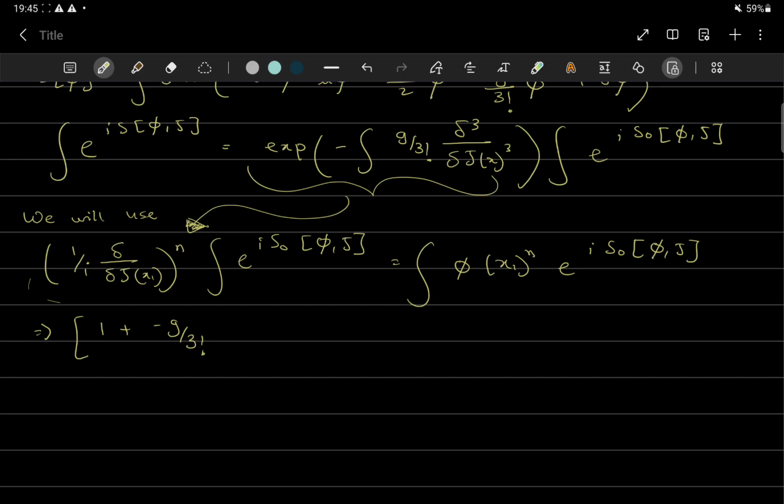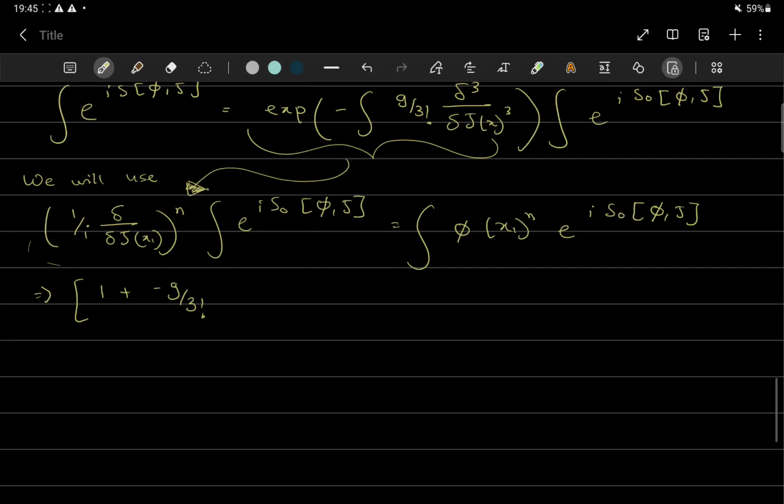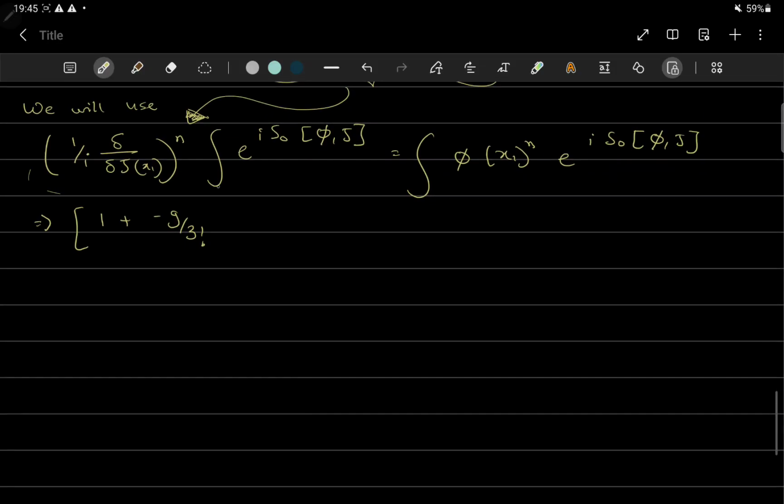So I will expand it in the same way as the exponential term over here.